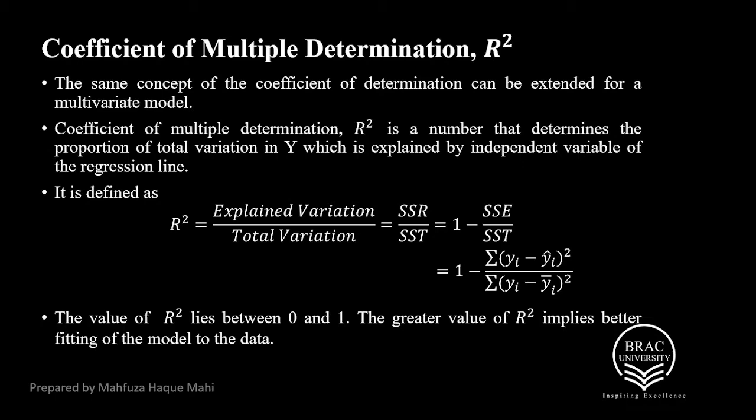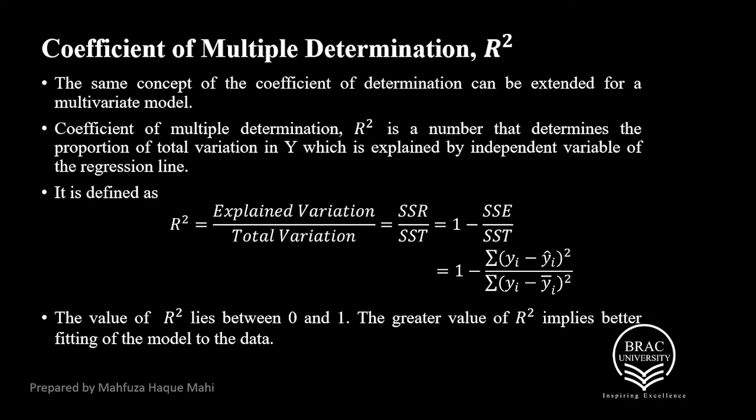It is a number that determines the proportion of total variation in y, which is explained by the independent variable of the regression line. Coefficient of multiple determination is defined as R square equal to explained variation divided by total variation, equal to SSR by SST, where SSR is the regression sum of squares and SST is the total sum of squares.